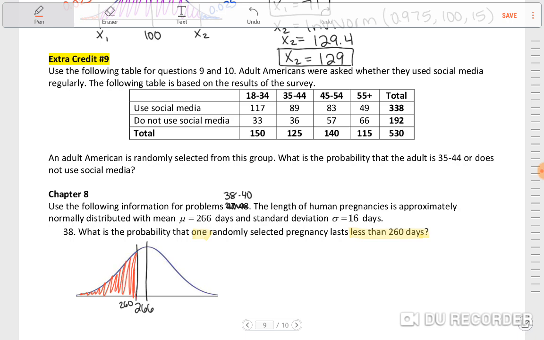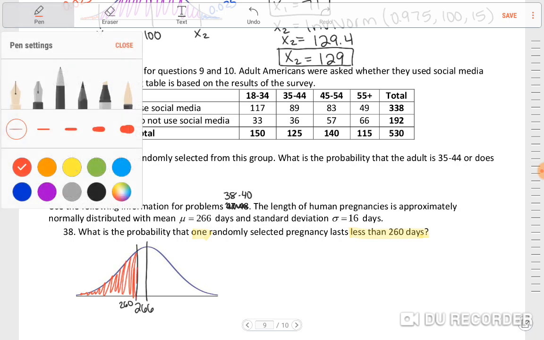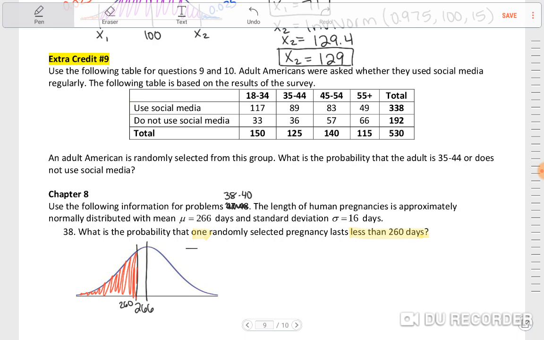Okay. So for this one, because this is just one person, we can do the normal CDF the way we've already been doing it this whole time. So my minimum X value is -1e99. My maximum is 260. The mean is 266, and the standard deviation 16.